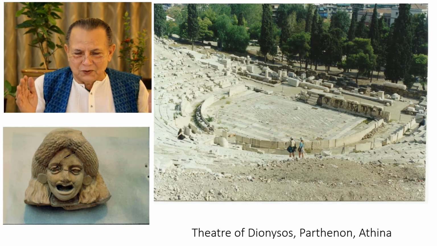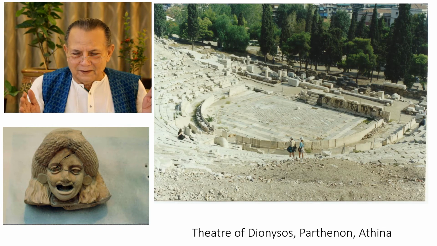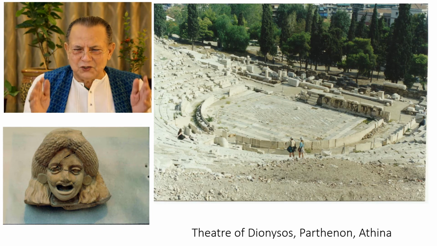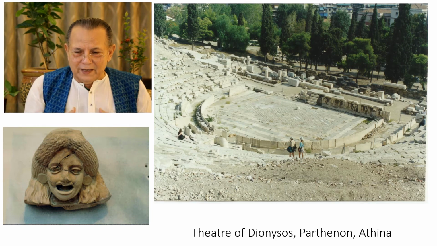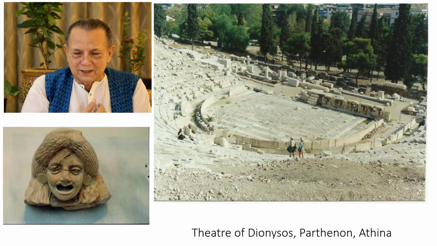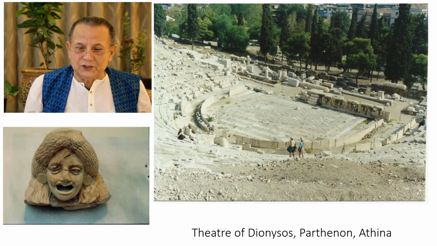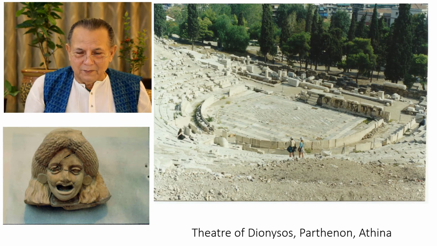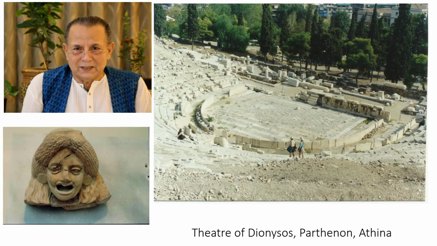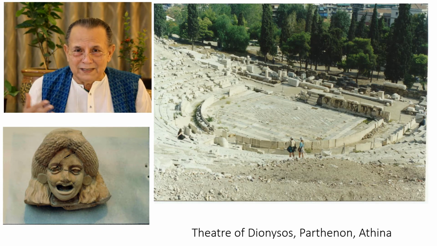So the cosmos, the creation, the sansara is massive. It is huge. And we, as human beings, are very small. And whatever we do, which is reflected in theater, because theater is an imitation of life, as Aristotle said, that it is mimesis, which is imitating life, what happens in life in the world.